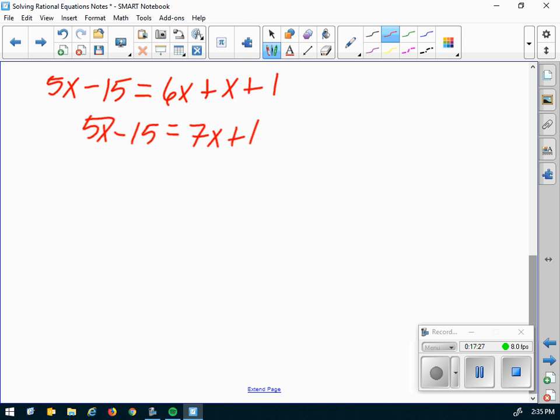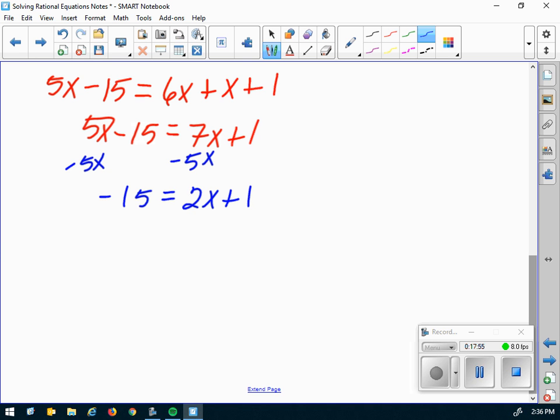Okay? What are we going to do? Subtract 1. What else? Subtract 5x. So if you want to subtract 5x from both sides, that'll give me negative 15 equals... subtract 1.